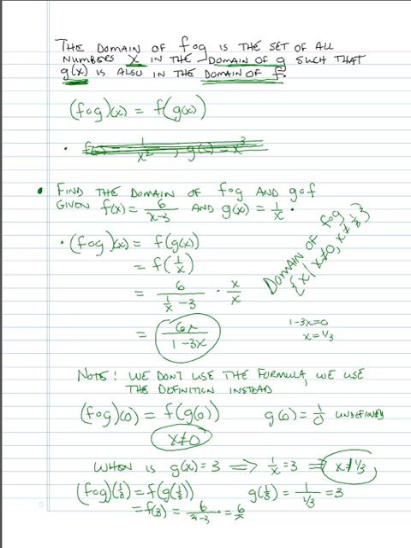Well, let's do the domain of G compose F, and then we'll call it a day here. Okay, the same two functions, but we want to know now the domain of G compose F. So the idea, though, is we have to use x values that f of x makes sense.